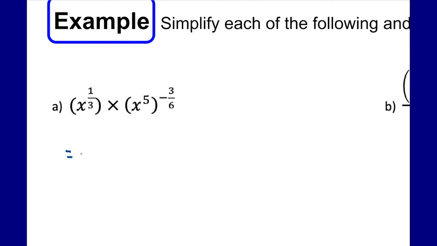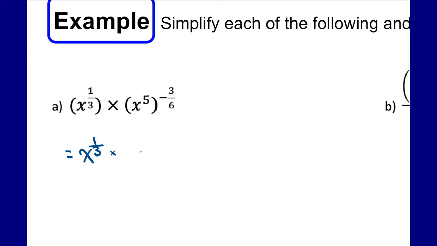So in this case, x to the power of 1/3 is going to stay the same. The second power, it's a power of a power. So we have x to the power of 1/3 multiplied by x to the power of 5 to the power of negative 3 over 6, or negative 1/2.